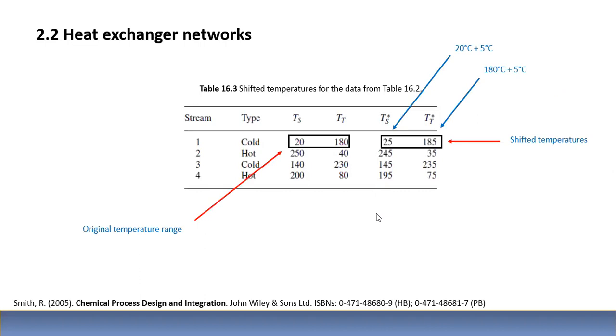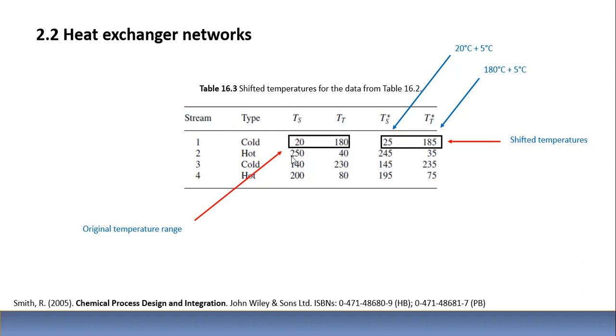And there was this exercise, a simple exercise, on figure 16.2, where we have 4 streams: 2 cold streams where the temperature was increased, and 2 hot streams where the temperature was reduced. To work this type of table, we needed to do the calculation for the shifting.